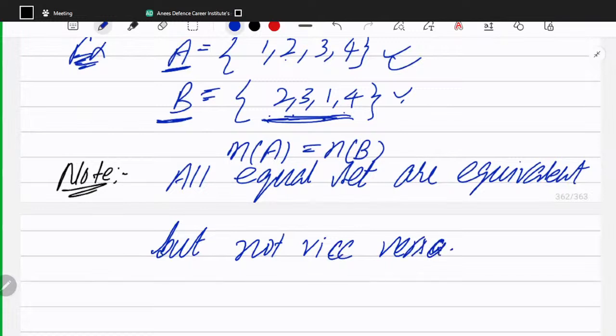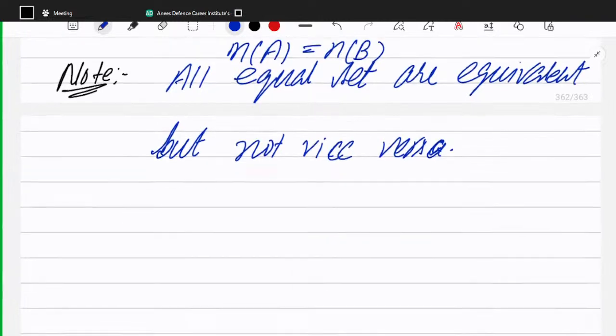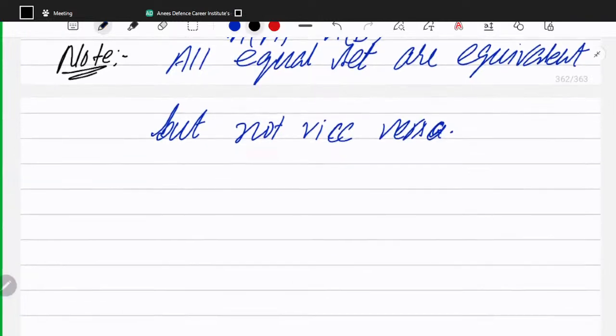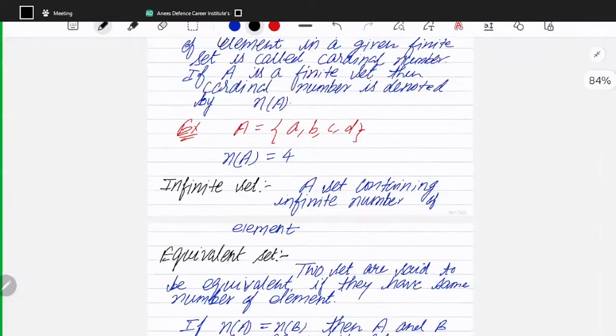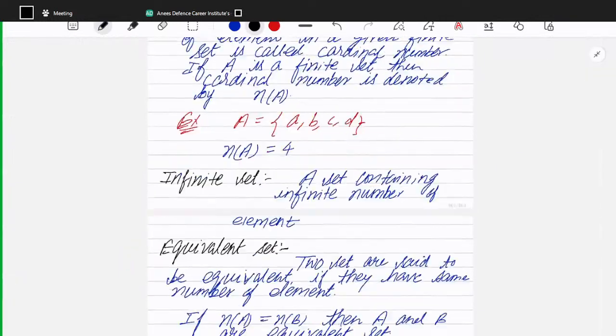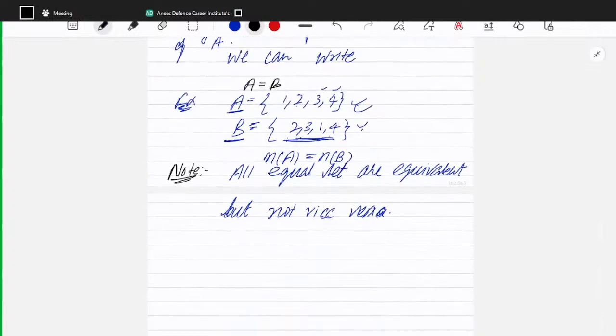Means all equivalent sets are not equal, there is no necessity. But all equal sets are equivalent. Now these are the types of sets: infinite, finite, equal, equivalent, and so on.